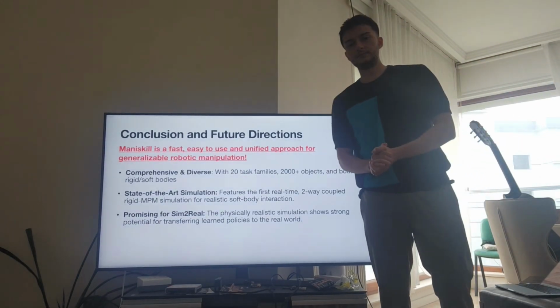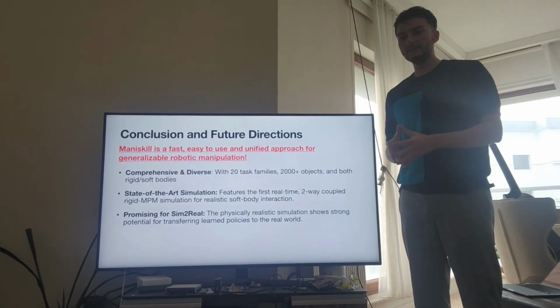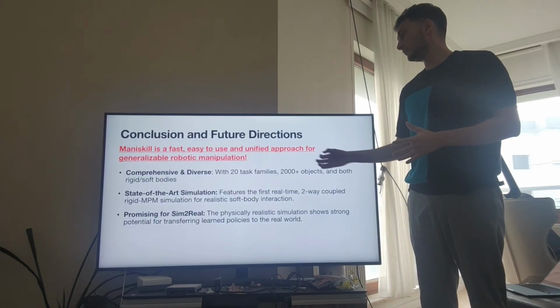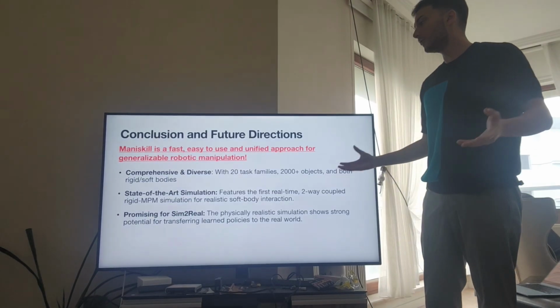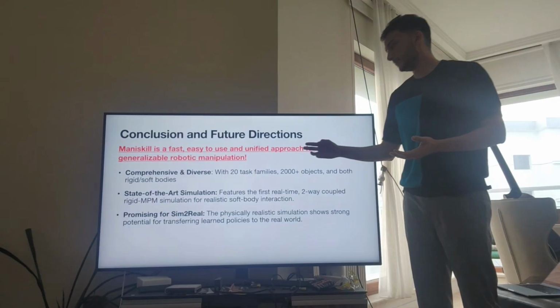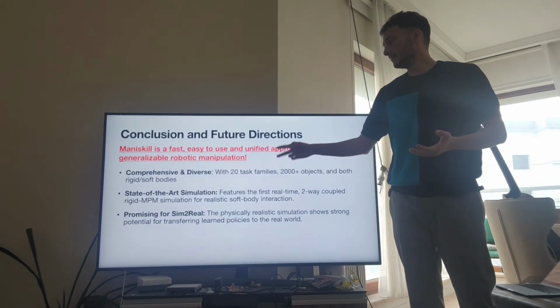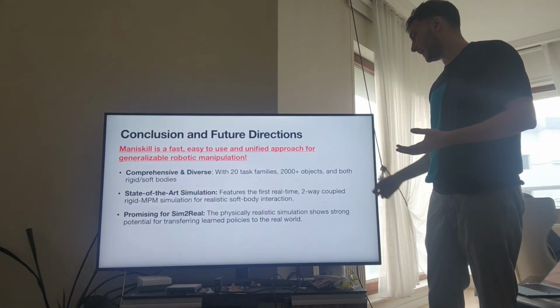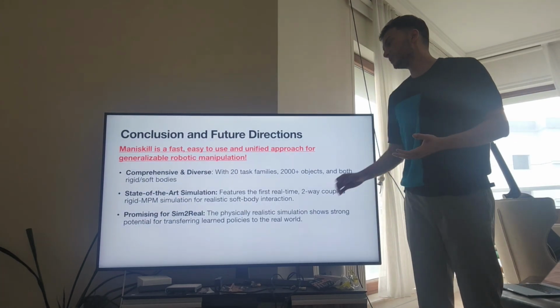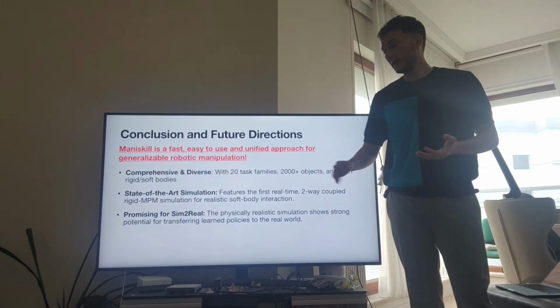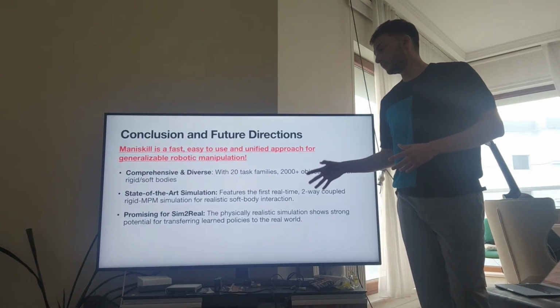So, in conclusion and future directions, ManiSkill is a fast, easy-to-use, and unified approach for generalizable robot manipulation. It's comprehensive and diverse, with 20 task families, 2,000 objects, and both rigid and soft bodies. It's state-of-the-art simulation, featuring the first real-time, two-way coupled rigid-MPM simulation for realistic body interactions. And lastly, it's promising for sim-to-real.